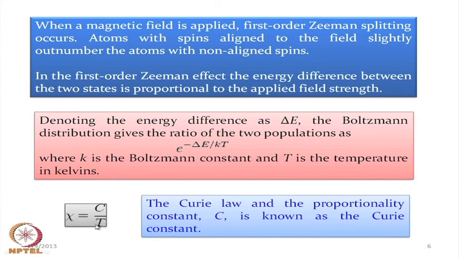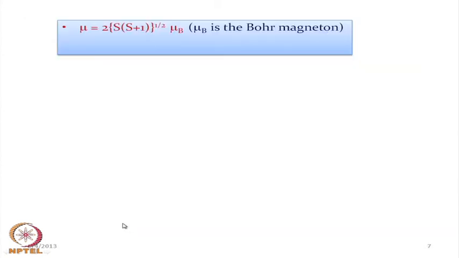And if the temperature needs some correction term, we consider another thermal term, the theta term, which is due to the Weiss constant, and the Curie-Weiss law is also very useful to show the proportionality with respect to the susceptibility value. If the susceptibility value is not simply inversely proportional to the temperature, we can go for the correction term utilizing the Weiss law.